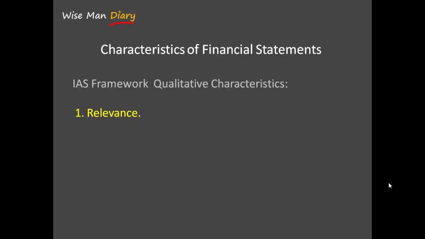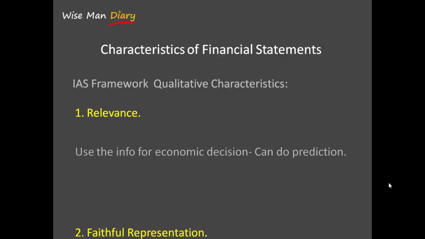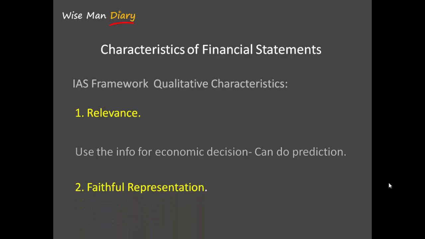We have 2 main characteristics of the financial statements: relevance and faithful representation. Relevance means that the data in the financial statements should be relevant in a way that would allow us to make an economic decision, and we can define an economic decision as an investing or a lending decision.